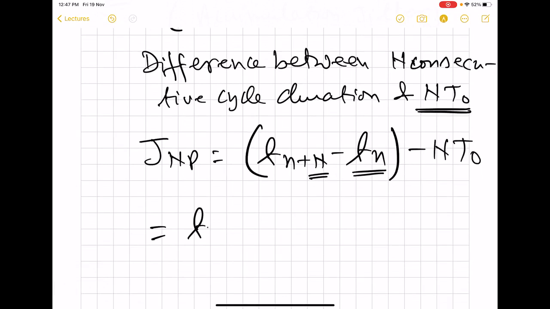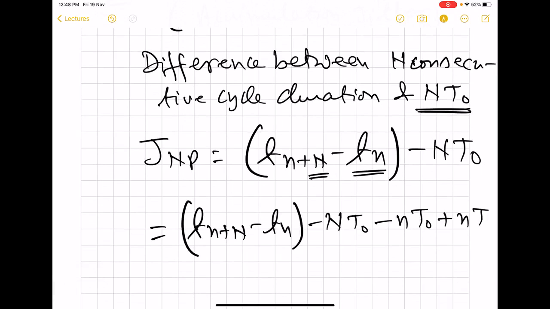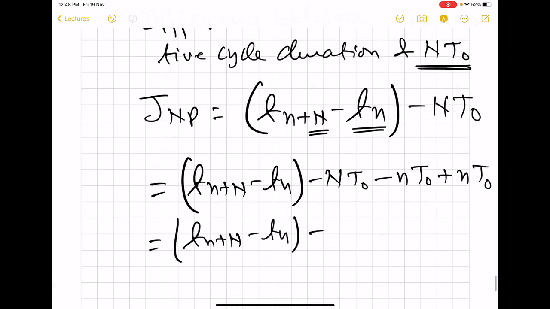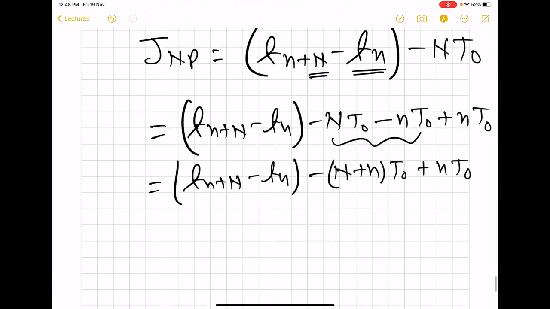So here we have Tn plus n minus Tn minus n T naught. So minus n T naught plus small n T naught. So here we can combine these two terms. Now these two can be combined together.